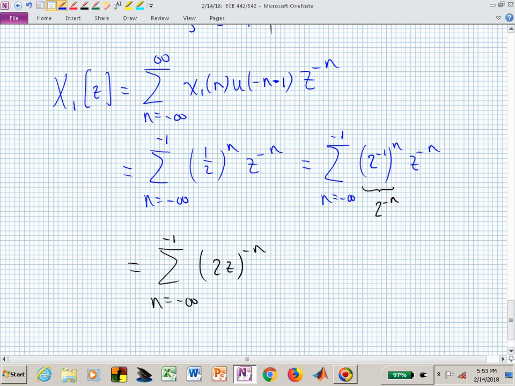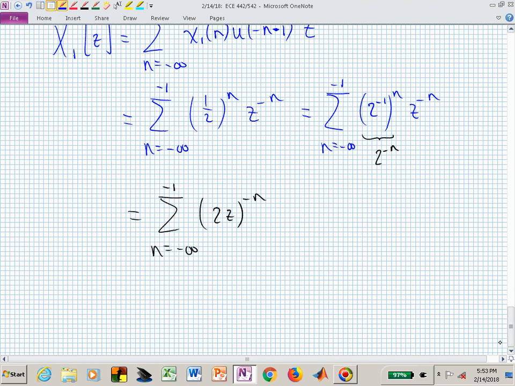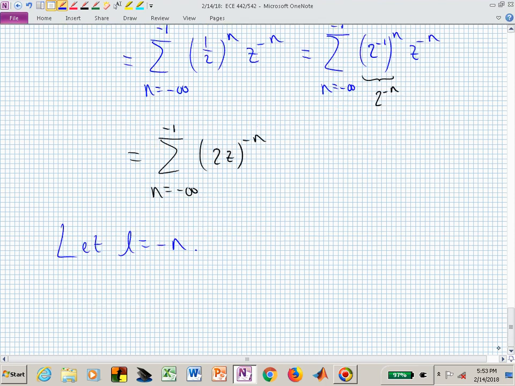And maybe thinking in terms of negative exponents gets confusing. I sometimes don't like to think about it that way, so let me just do a change of variables. That should be fair game. Let's just make L equal to -n. Obviously, that's going to change our limits, but it shouldn't change the z transform expression.